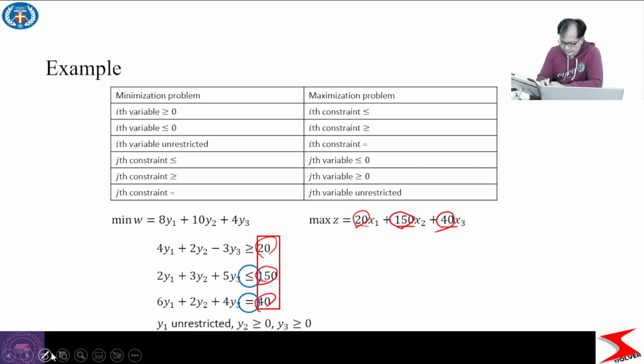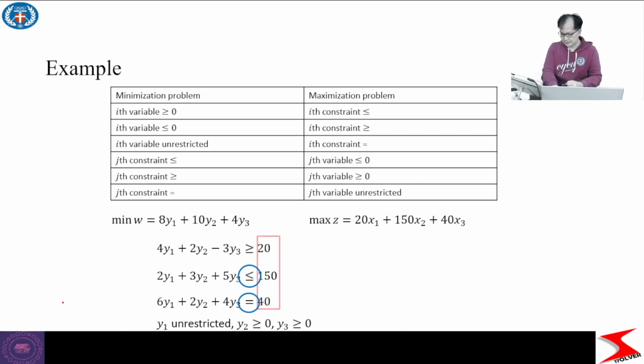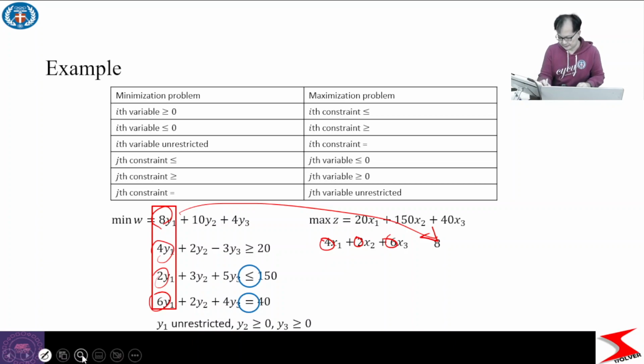In the second step, the coefficients of the first variable form the first constraint of the dual: 4, 2, 6. And the objective function coefficients become the right hand side of the dual formulation.